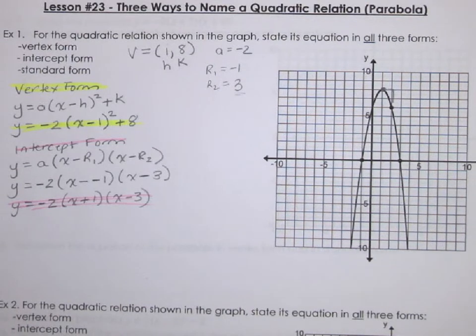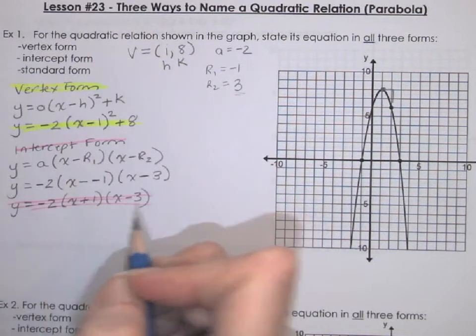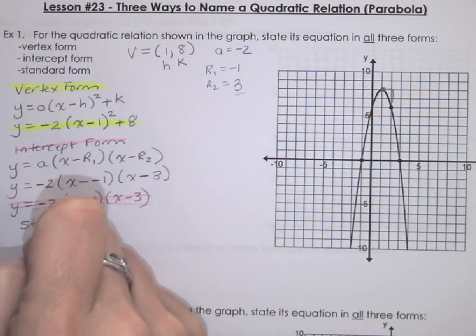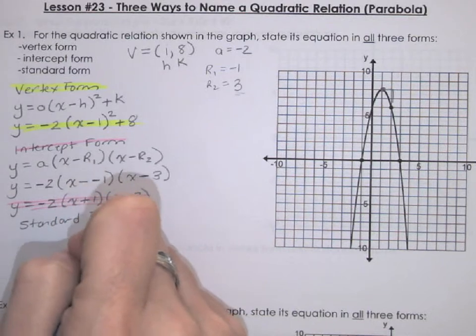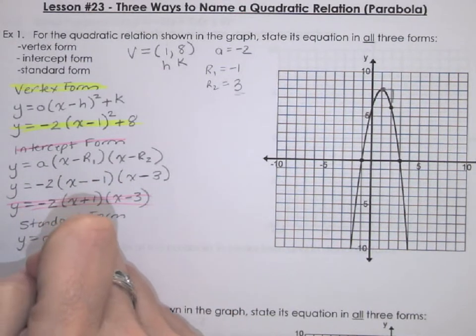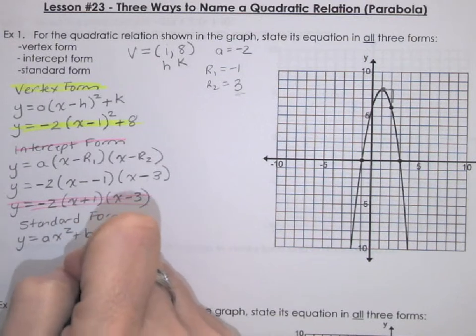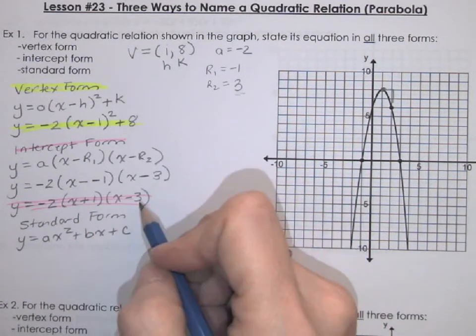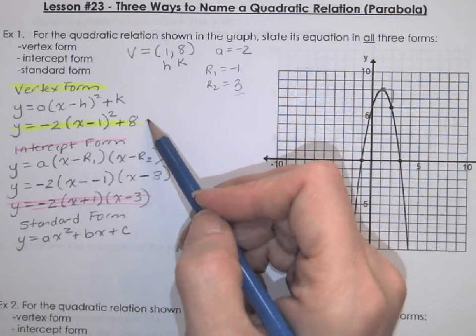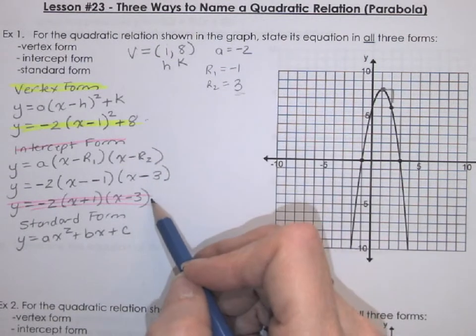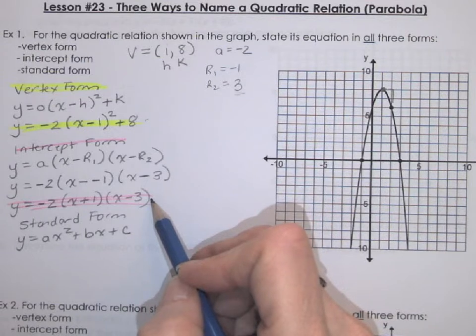And then for standard form, we have to actually do some calculations. I'm just going to remind you, standard form has the format y equals ax squared plus bx plus c. And what we can do is we can either take the vertex form, expand it out, and simplify it, or we can take the intercept form and expand it out and simplify it.